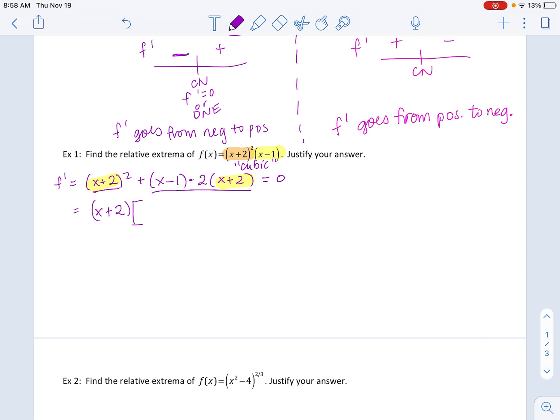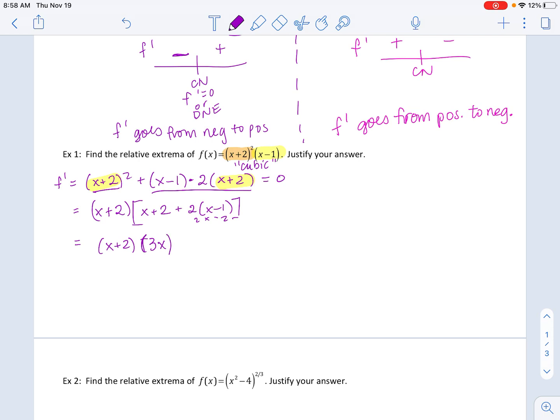And then left inside will be 1 factor of x plus 2 from the first one, and then 2 times x minus 1 in the second one. And then I'm going to simplify what's in there. So this other set of parentheses is like 2x minus 2. So that's 3x.